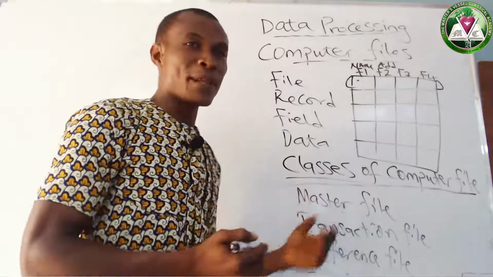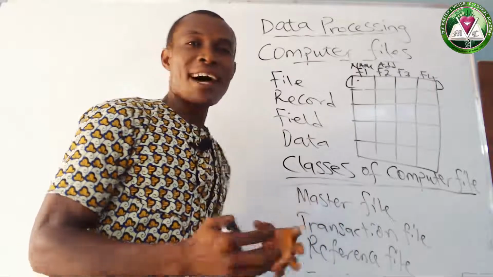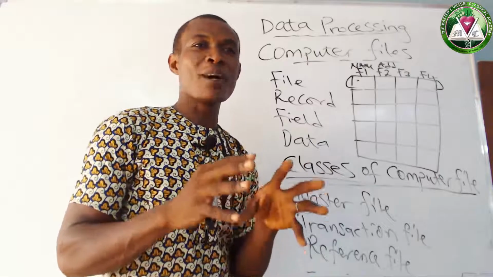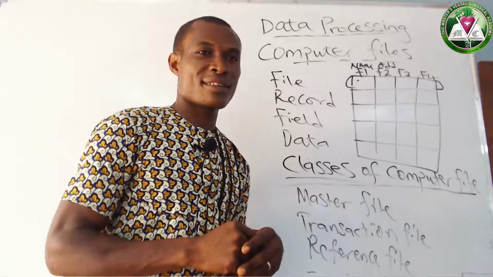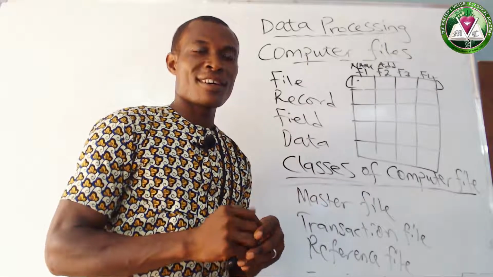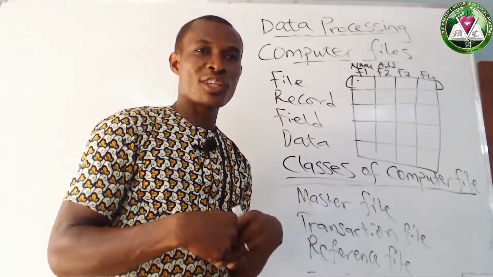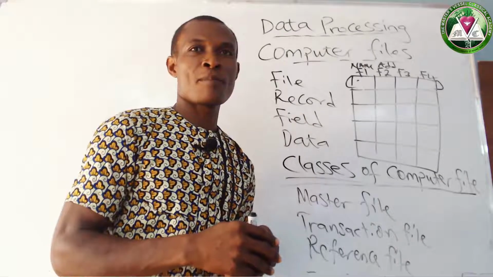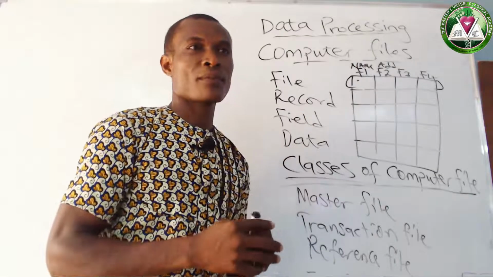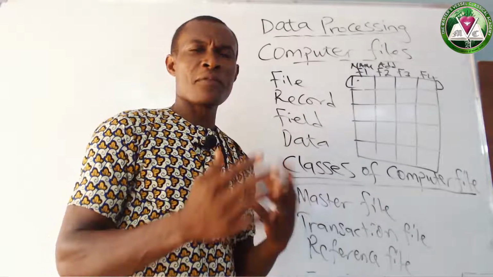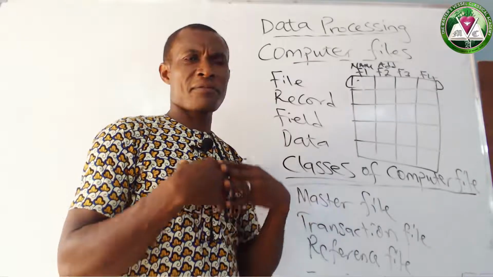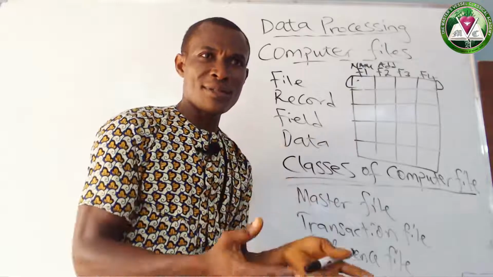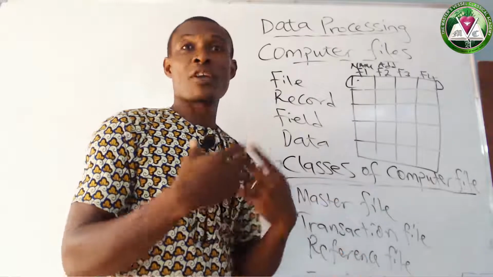But let me explain. A master file is a file with fairly an amount of permanency. A file that is stored that has some amount of permanency. Let me give you an example. Some of you, your parents have shops where they sell some items. Some are working in offices.